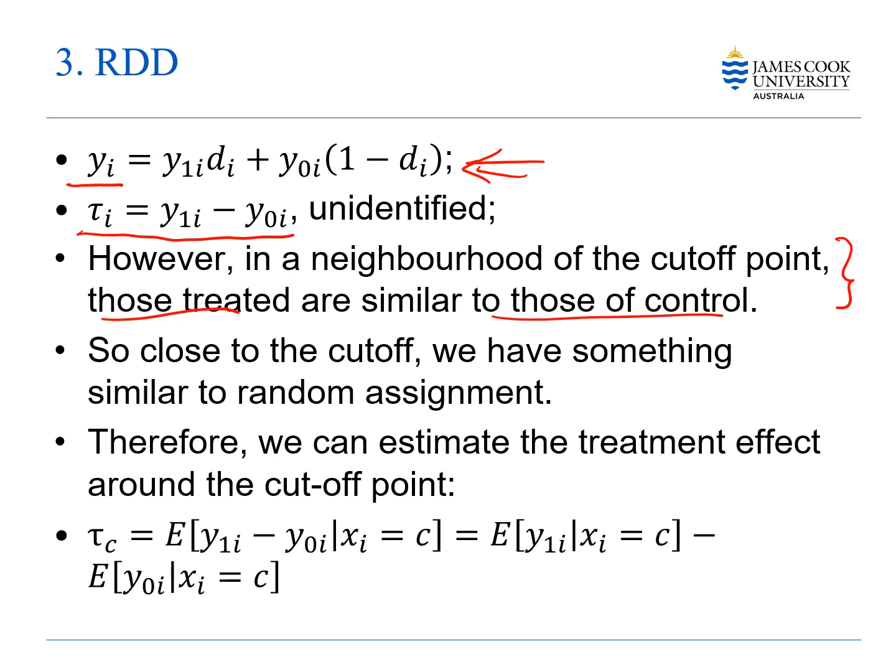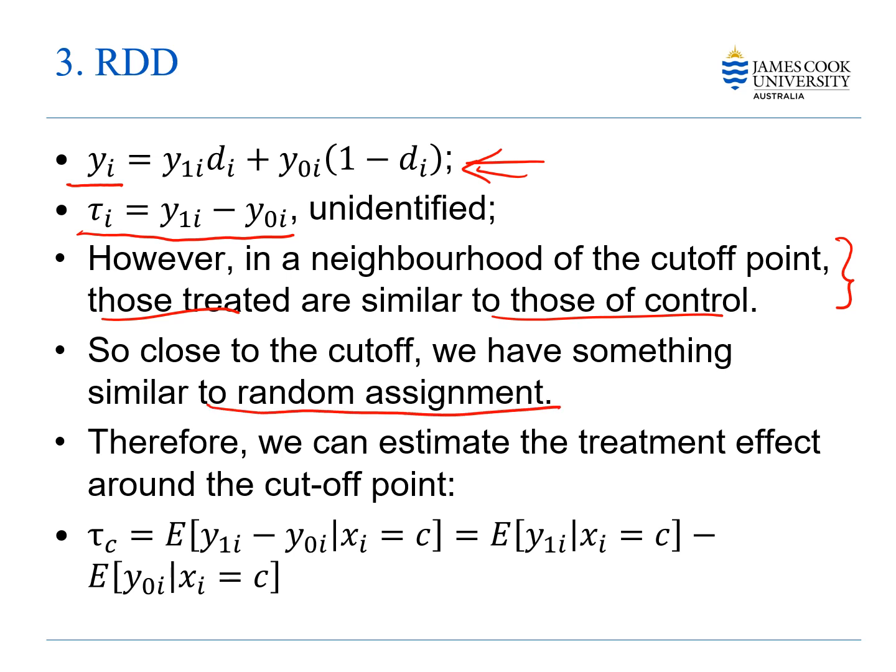Again, here we are trying to estimate the counterfactuals, but given our particular design, it should be reasonable to assume that in a small neighborhood close to the cutoff point, those who are awarded the computer should be very similar to those who are not. So close to the cutoff, we have something similar to random assignment.